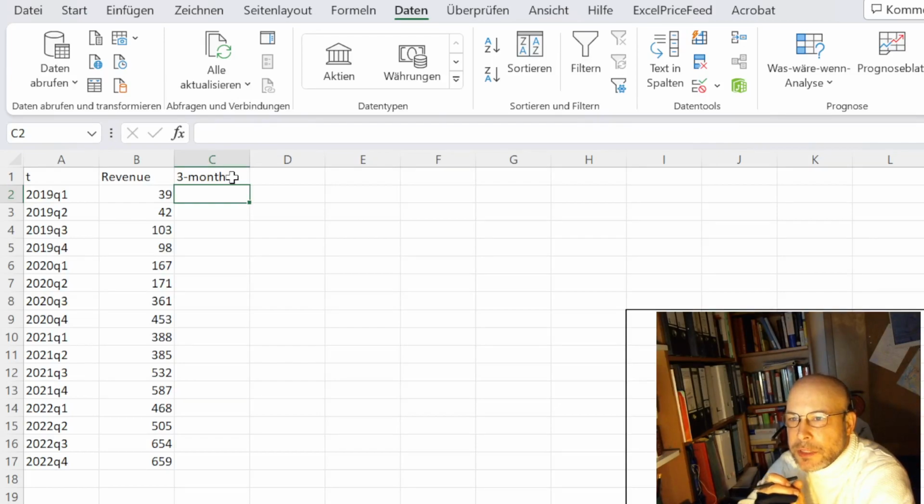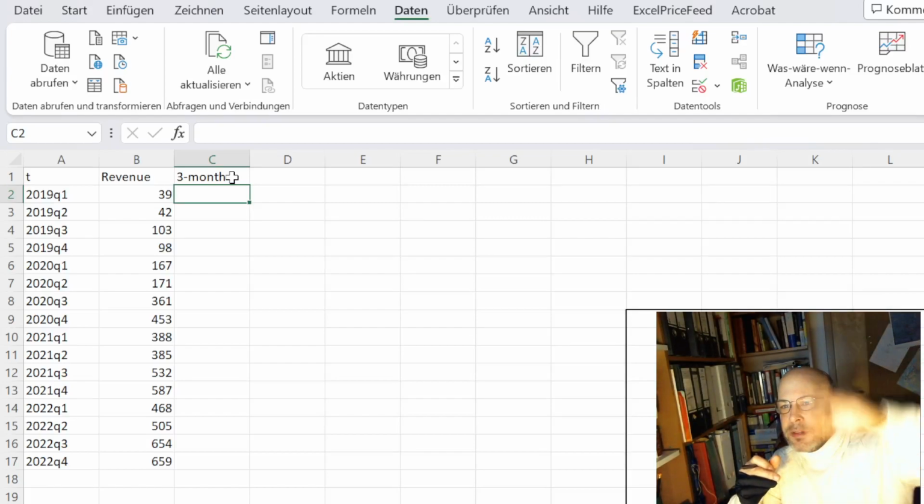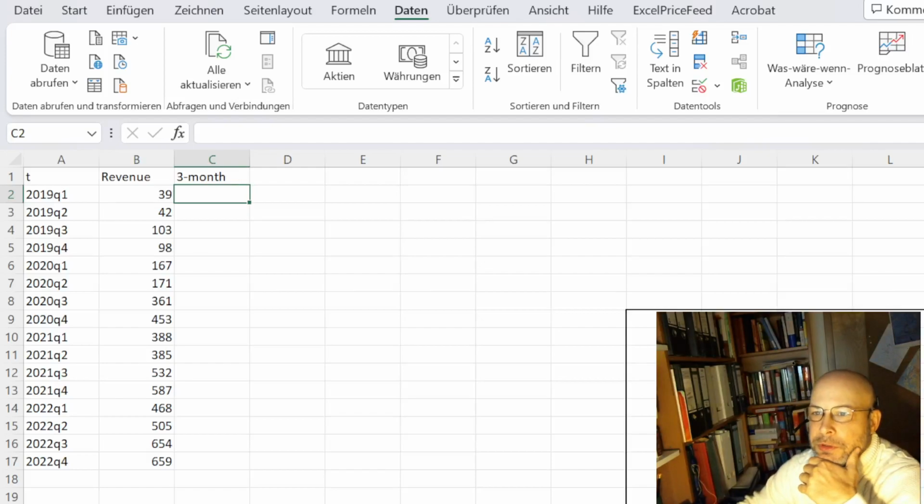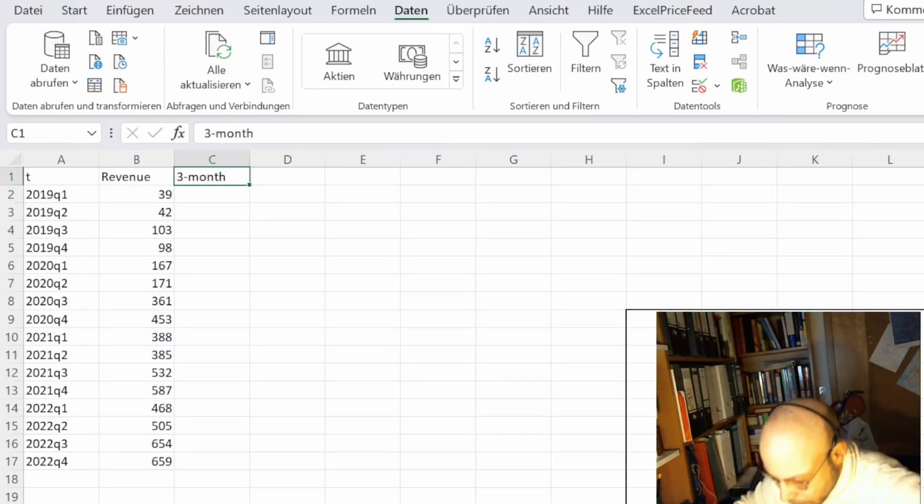Well, moving average we apply because quite often our time series have some outliers, and in order to smooth these outliers we just average our data for some period, and here we should average our data for 3 periods, for 3 months, for 3 quarters, sorry, 3 quarters we need here.